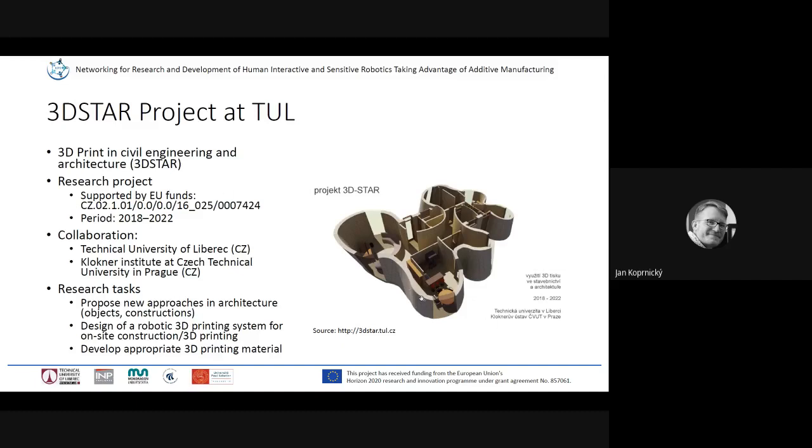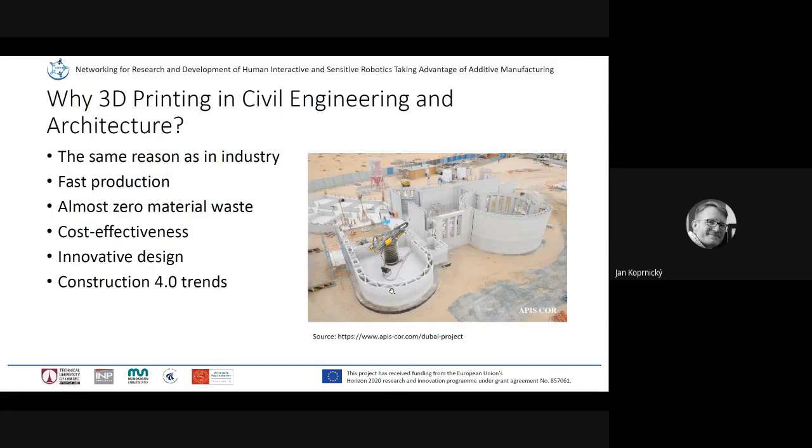Unfortunately, it's in Czech only. Also the web pages, but it changes very quickly, I hope. Let's switch to another slide and go to the general overview about 3D printing technology or additive manufacturing in construction.